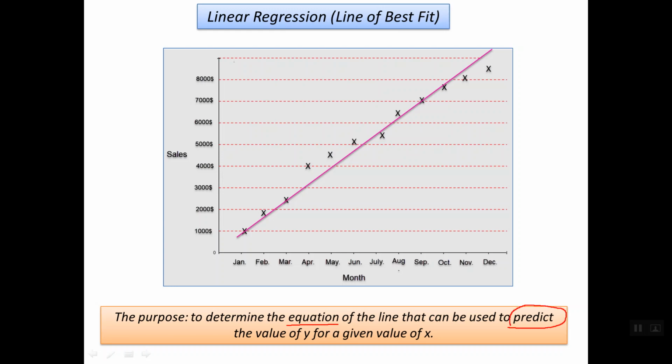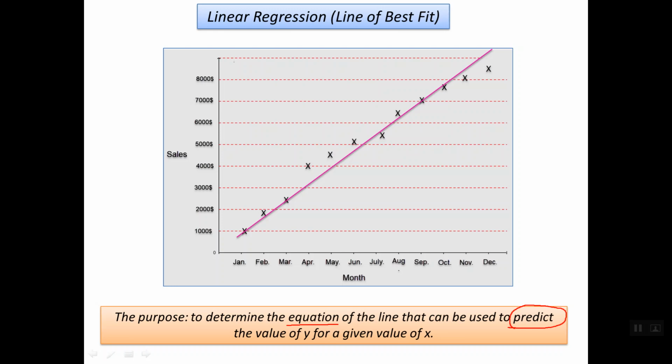So to summarize, the purpose of the linear regression is simply predicting the value of y, which is the value of the dependent variable, for a given value of x, which is the independent variable. So this is the concept of the line of best fit.